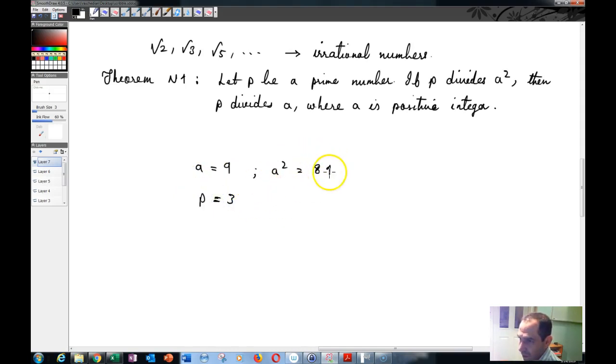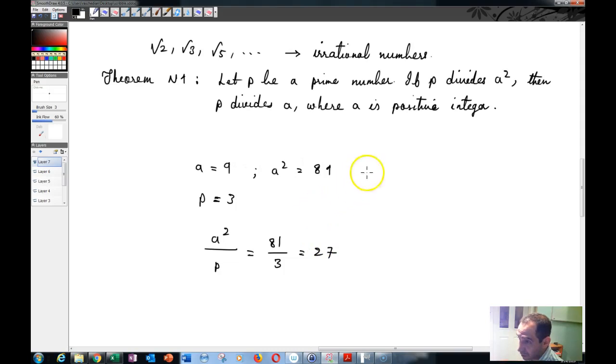So when I say P divides A squared, what that means is that A squared is divisible by 3. If you divide A squared by P, which is 81 divided by 3, I get 27. So it's divisible.